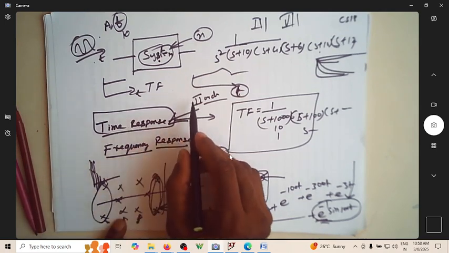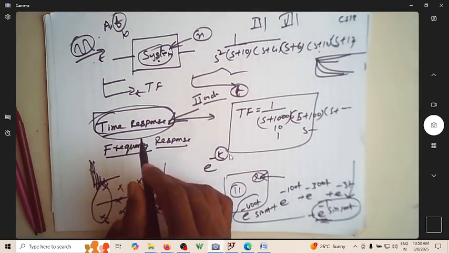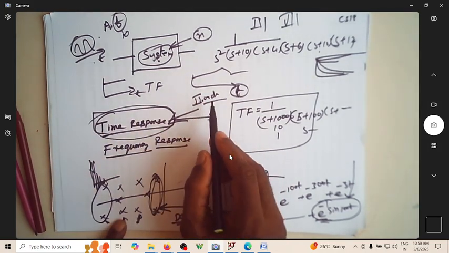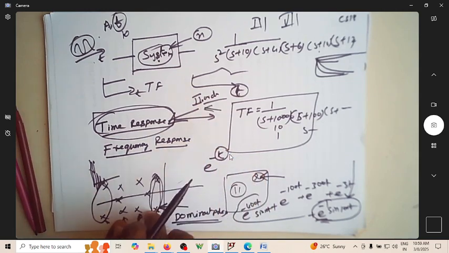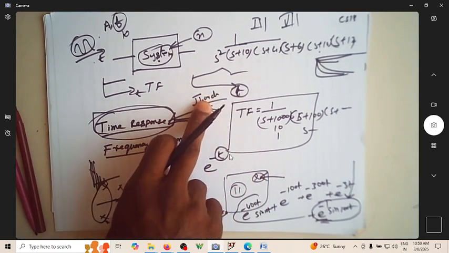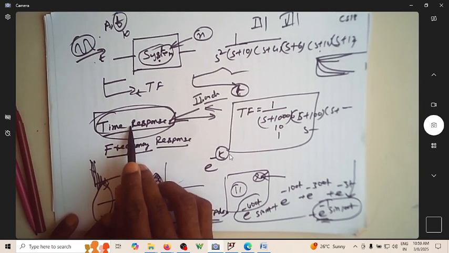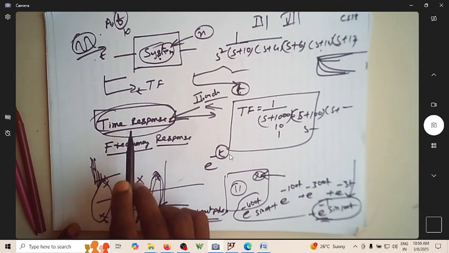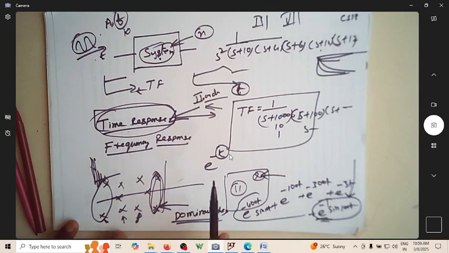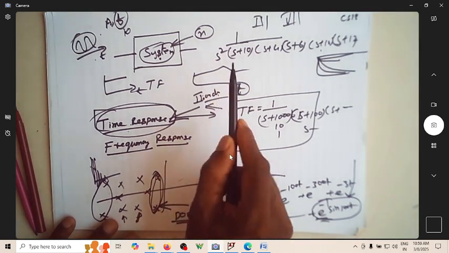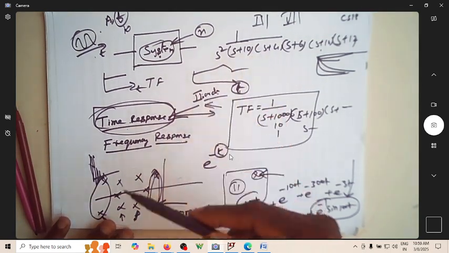So if you know the time response of a second order system, where you are considering the 2 dominant poles, that is enough in the first level of control systems to know the time response of a system. So I will find the time response for a second order system even if the order of the system is more than 2.